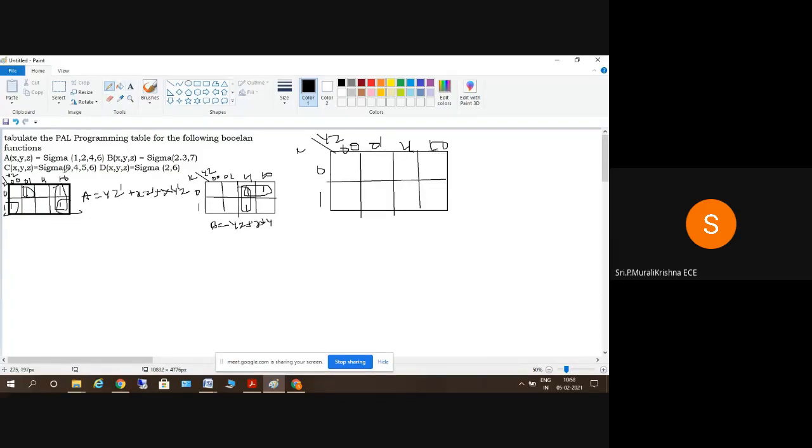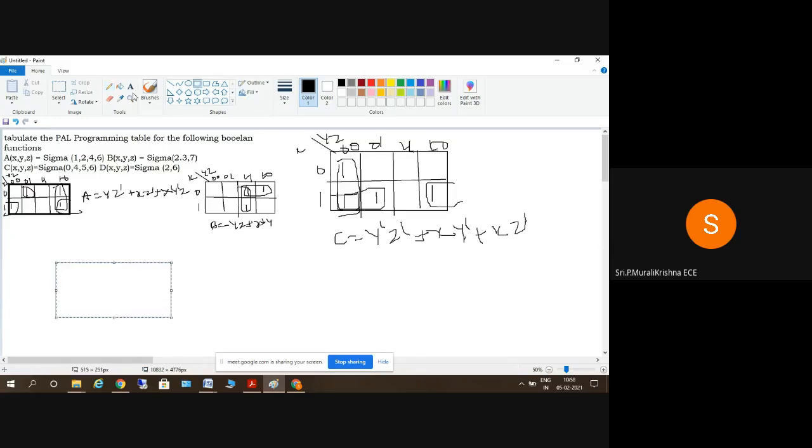C of XYZ is equal to 0, 4, 5, 6. This is 0, this is 4, this is 5 and this is 6. So pair, another pair, and another pair. C is equal to Y bar Z bar plus XY bar plus XZ bar. So this is the value of C.